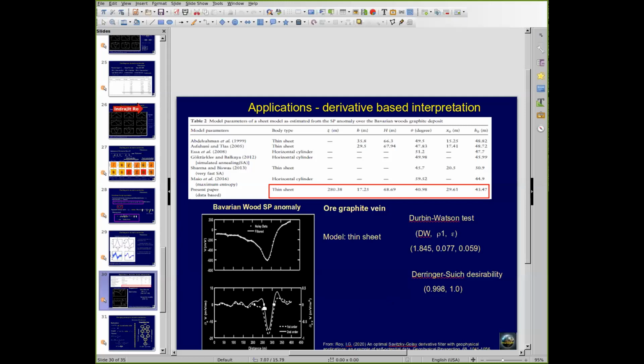Most importantly, if you can have a robust estimate of the derivative, zero finding is a beautiful mechanism where you can use root finding methods, everything will be automated, and your interpretation will come quickly. You can also do it in the field by plotting this, if you do not have other means.